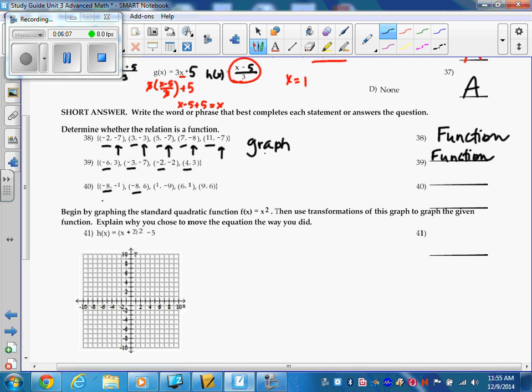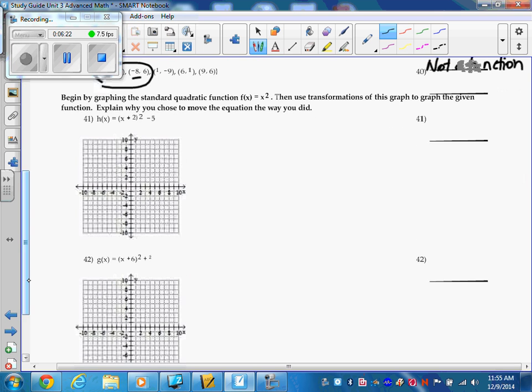This is where this relation fails the vertical line test. This is not a function. If you're having trouble with that, graph those ordered pairs on a coordinate plane and use the vertical line test.